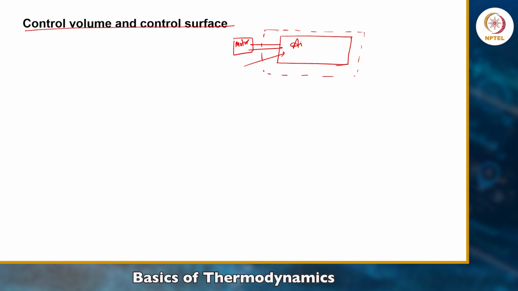This is an air compressor. This is the system, and then you are giving energy. When you give energy, the temperature will increase or it will expand. Air in, air out, and this is called the control volume. The control volume's covering boundary is called the control surface.